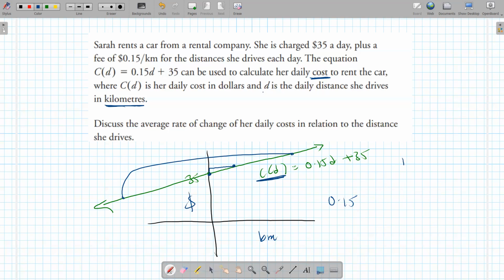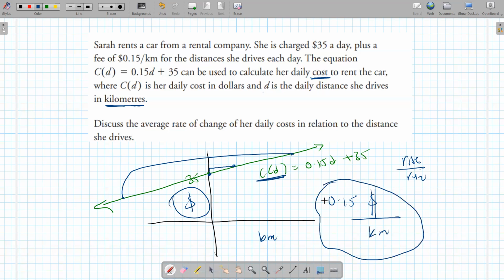It's going to be rise over run, right? The unit in the rise is what? By rise, I mean the y value. Rise represents the y values. It's dollars. What's the unit in the run? Kilometers. So that's the unit of our slope. It's going to be 0.15 dollars per kilometer.